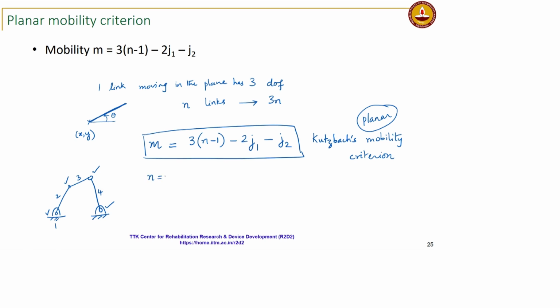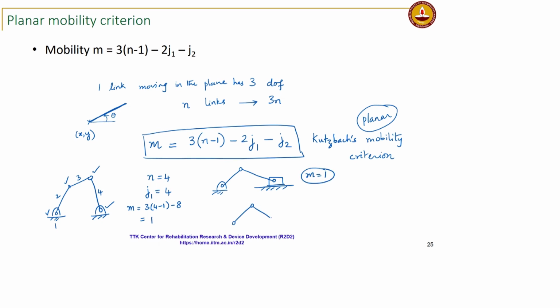So, my n equals 4, J1 equals 4. So, my mobility is equal to 1. Similarly, for a slider crank, it is no different because the 4th joint is still a single degree of freedom joint, the planar joint. So, I still have m equal to 1 for the slider crank.